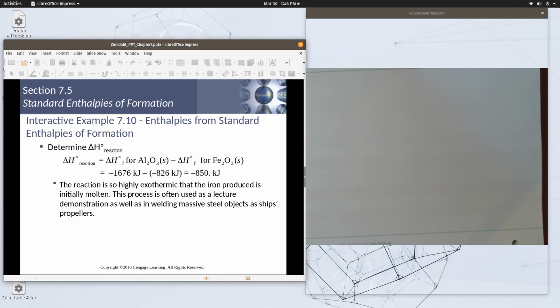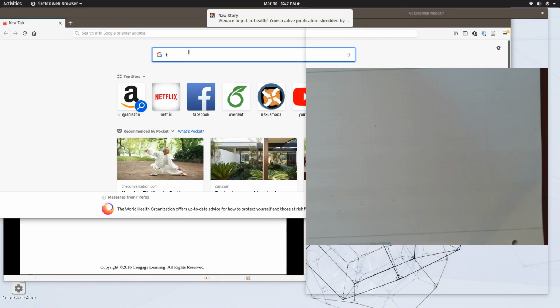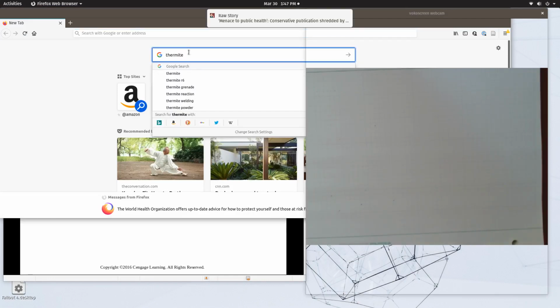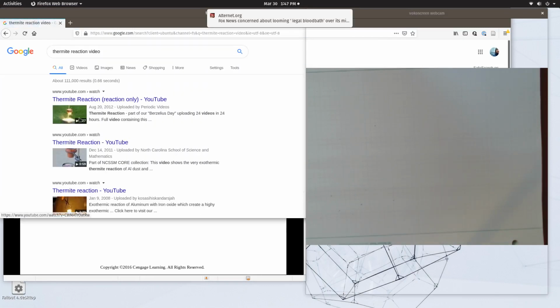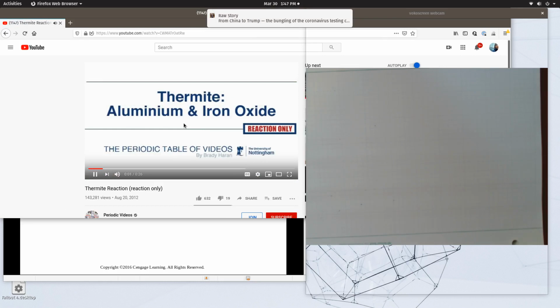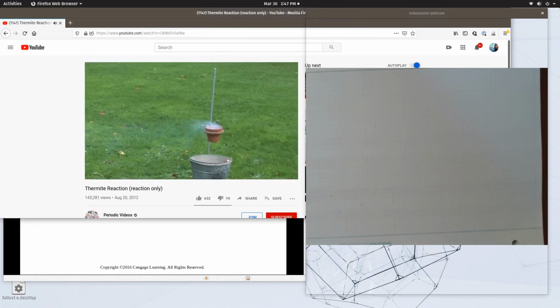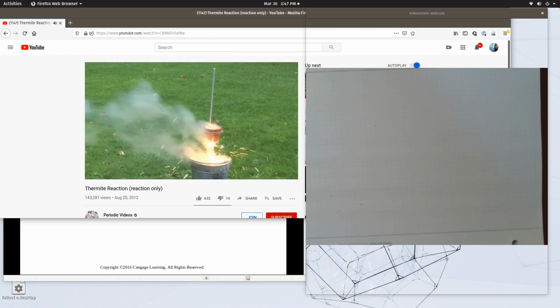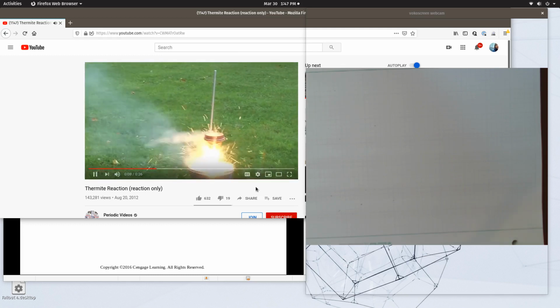I won't do this in lecture because at least in our lecture halls, it's not set up for it. Maybe I can go online and let's look at a thermite reaction video, and here we go. We can watch this really quickly. You can look this up as well. See how that stream is coming out the bottom of this?